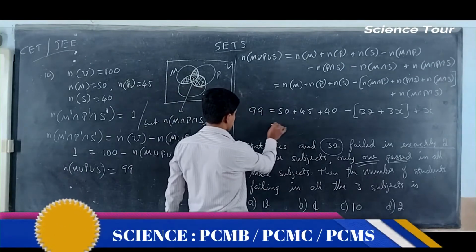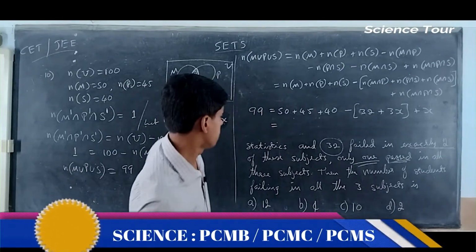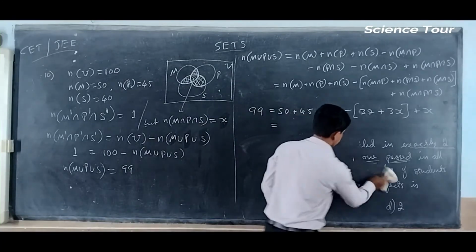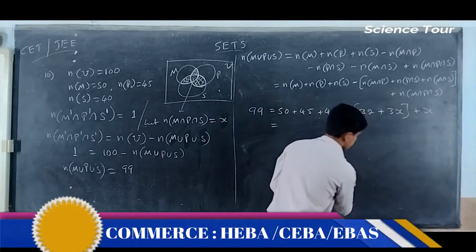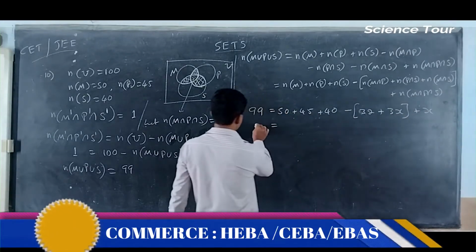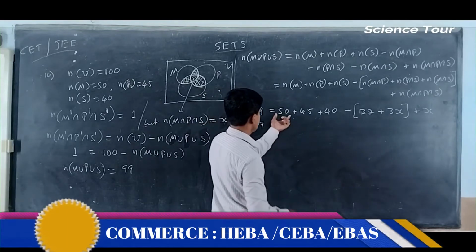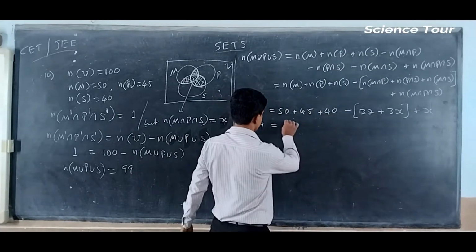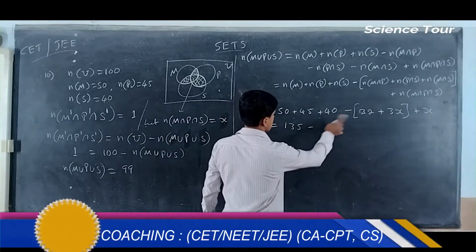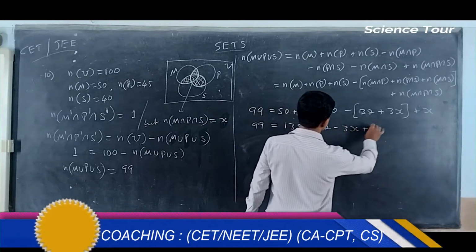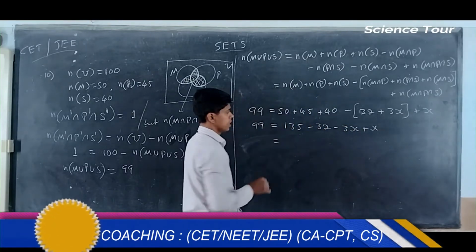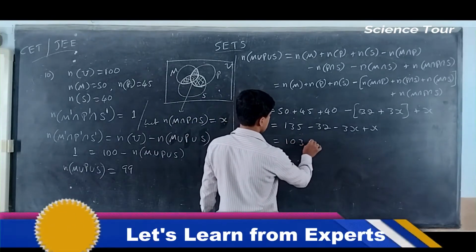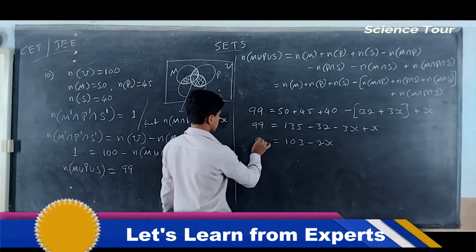Well, I'm not going to repeat that again. Now this is 99, 50, and you have 95 and 1, 35 minus 32 minus 3x plus x, so that is 103 minus 2x, and this is 99.